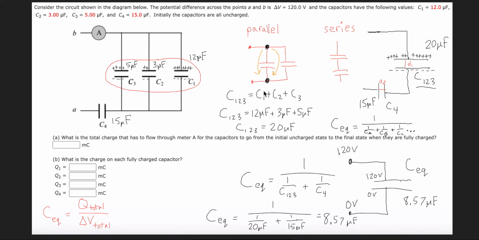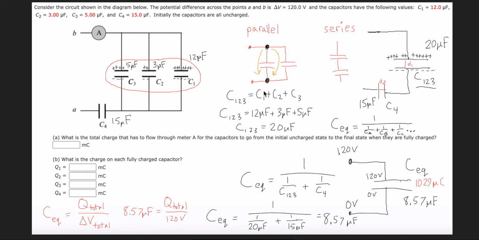So I would do 8.57 microfarads equals Q total over 120 volts. So multiply those. I get 1,029 microcoulombs. So 1,029 microcoulombs here. All right.